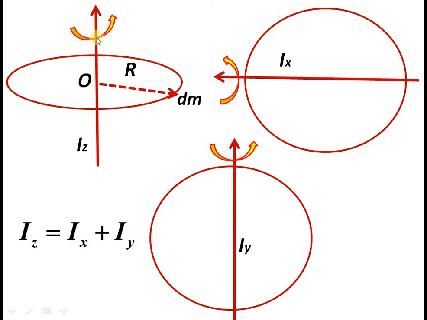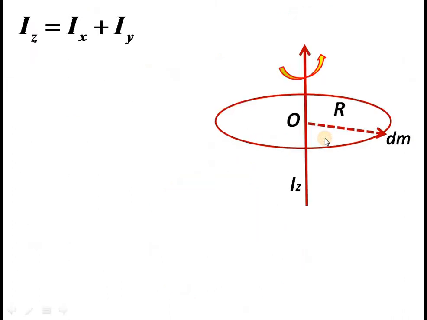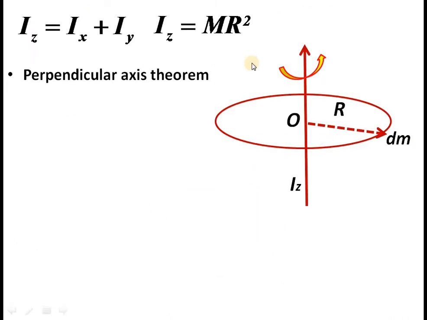Keep in mind the z axis is perpendicular to the plane of the ring, but these are lying in the plane of the ring. There is a theorem called the perpendicular axis theorem. It says that Iz equals Ix plus Iy. This theorem is called the perpendicular axis theorem.